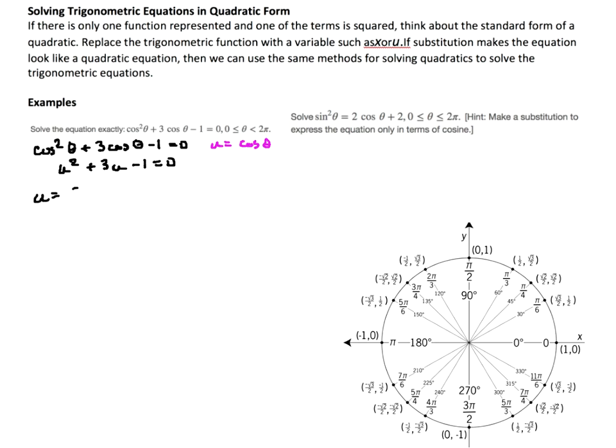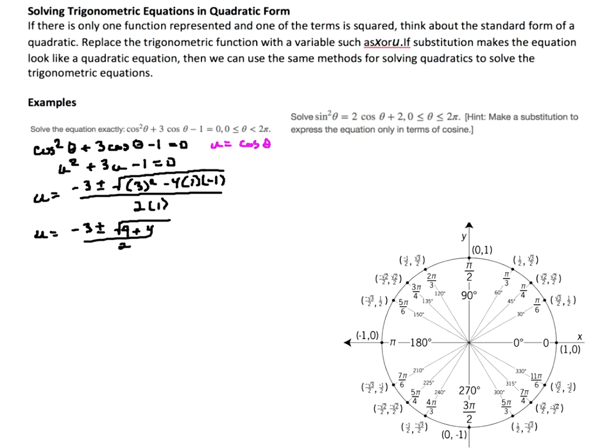So U equals the opposite of B plus or minus the square root of B squared minus 4AC all over 2A. So U is equal to -3 plus or minus the square root of 9 plus 4 over 2. So U is equal to -3 plus or minus the square root of 13 over 2. All right.